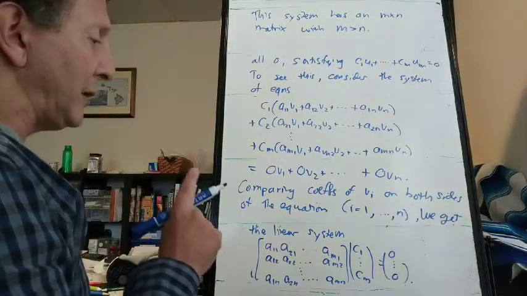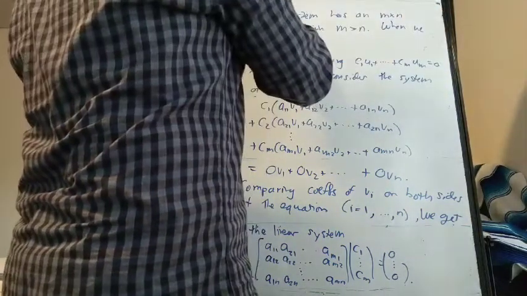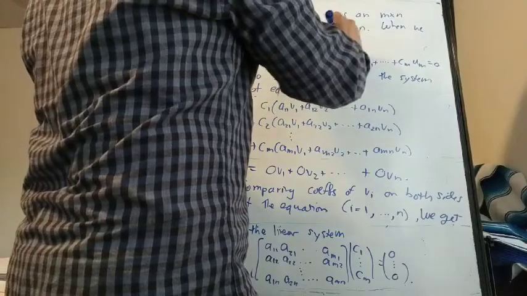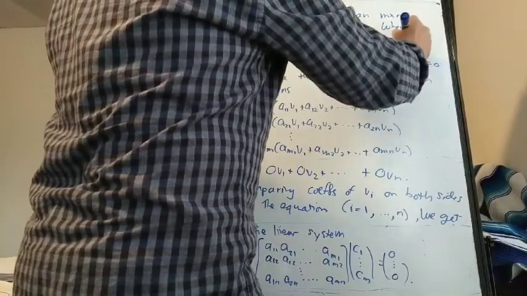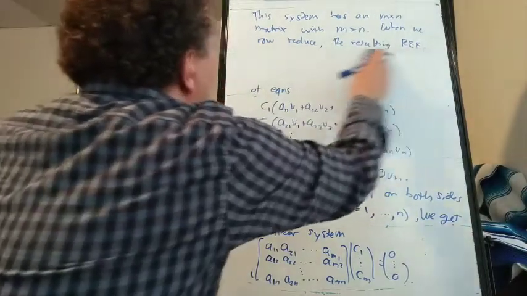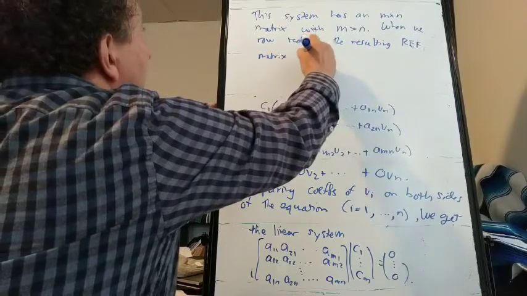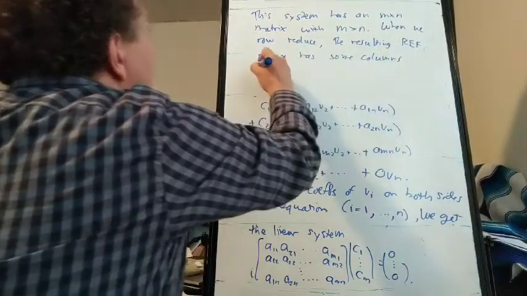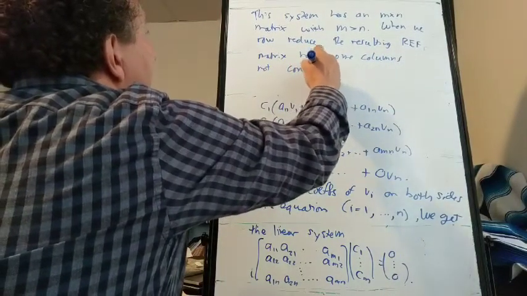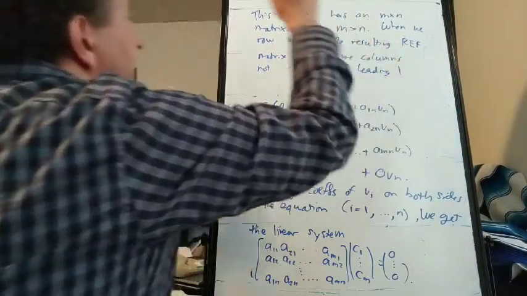So that means that when we row reduce, the resulting row echelon form matrix has some columns not containing a leading 1.